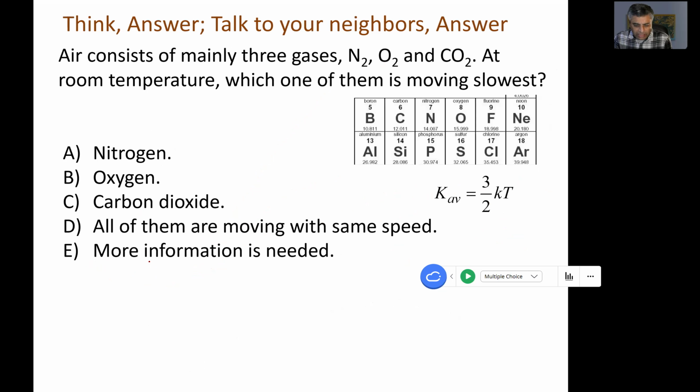There may be a question like this here. Okay. Which one of them is moving slowest? Okay. Directly related. So 1 minute and 30 seconds, folks.